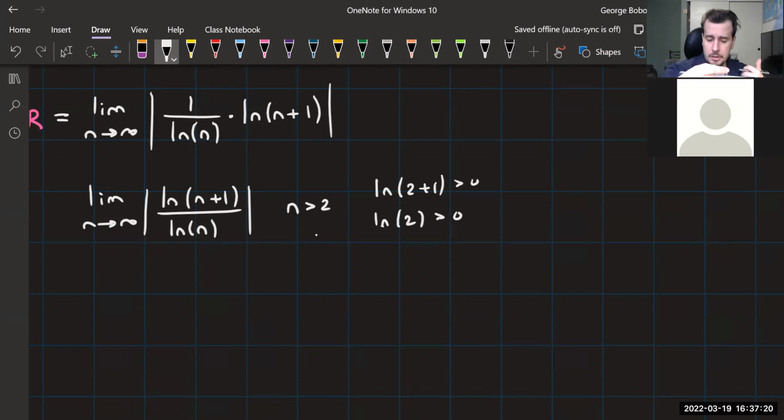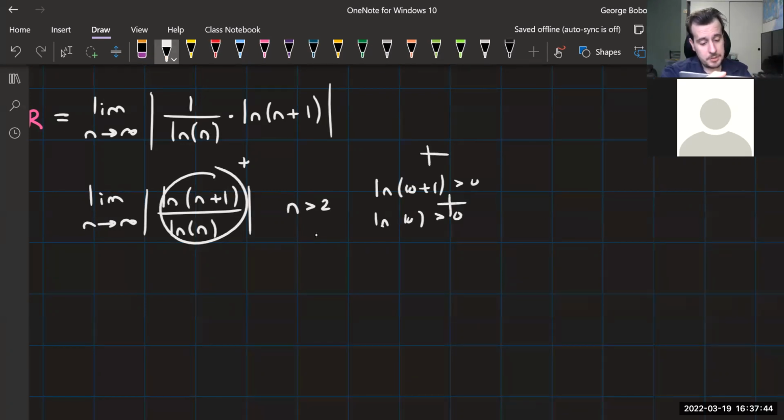So even at the lowest value of n, which is 2 right now, this quantity is positive. And as you pump up the n, if this becomes 10, those are always going to be bigger positives, making this an overall bigger positive.